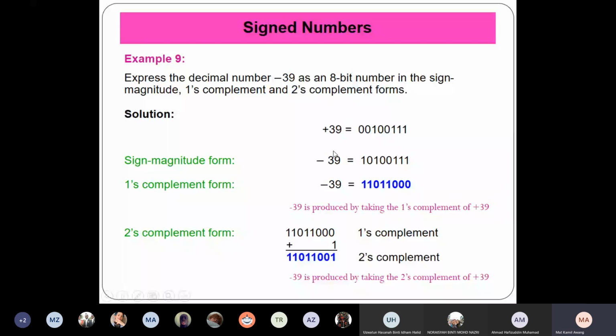If negative 39, you change the sign bit from 0 to 1. So negative 39 in sign magnitude form is 10100111.